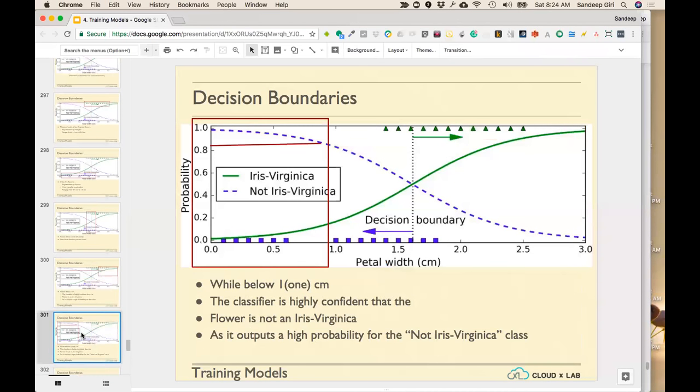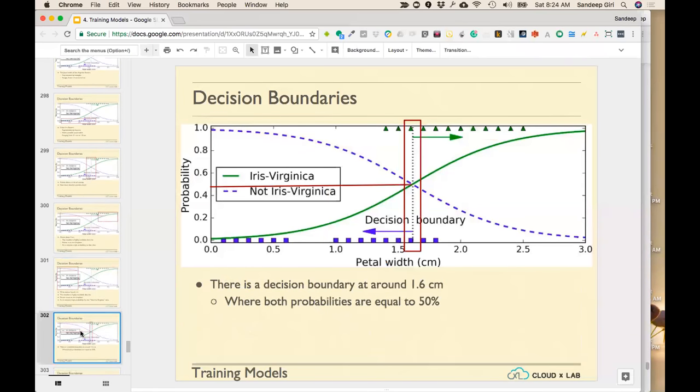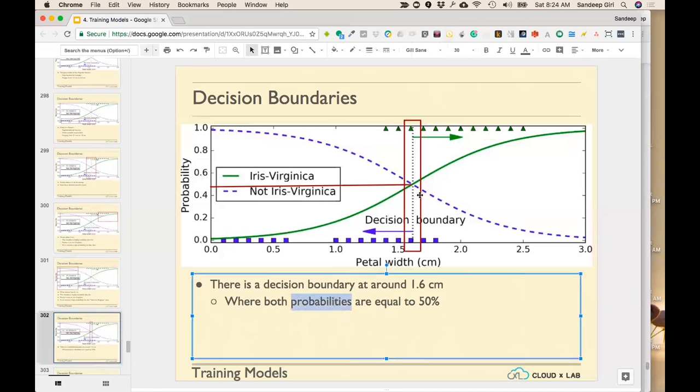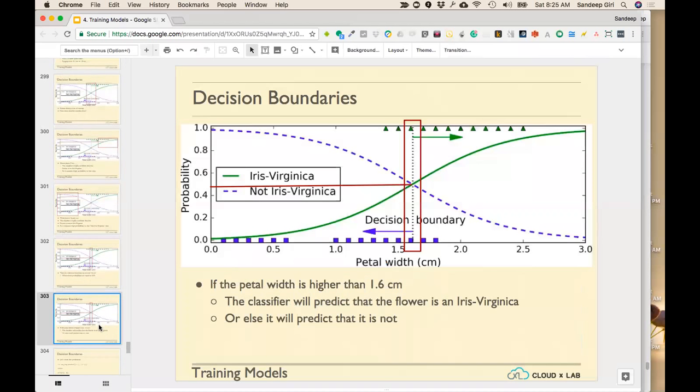Here also it's quite confident. The decision boundary is at around 1.6, where the probabilities of a flower being virginica or non-virginica are equal. This is the decision boundary where there is an overlap with others.